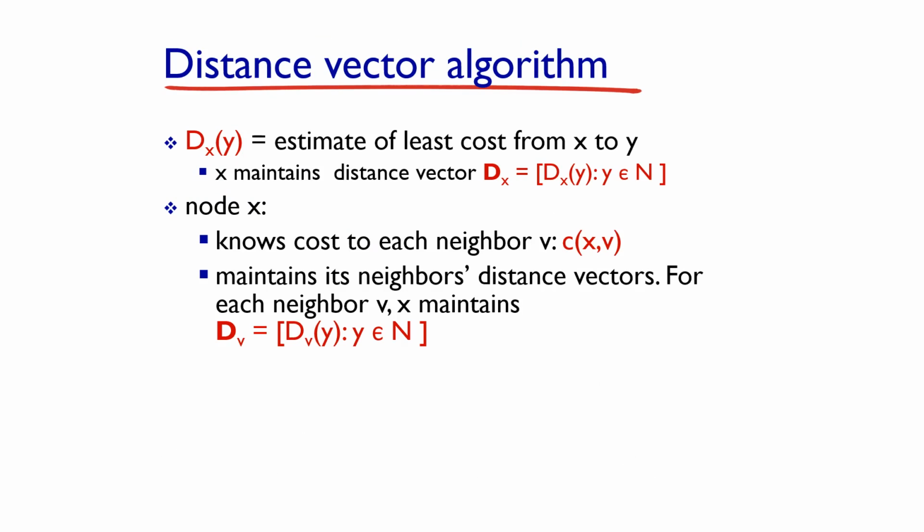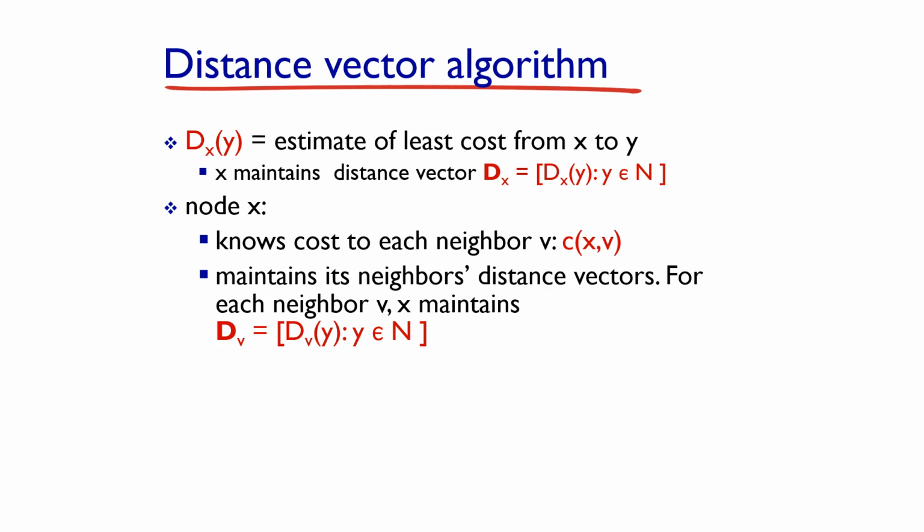Here d of x y always represents the cost from x to y, in the routing table maintained at router x. D of x is equal to d of x to y for every other node y belonging to N, that is, from x to every other node in the set of N nodes.